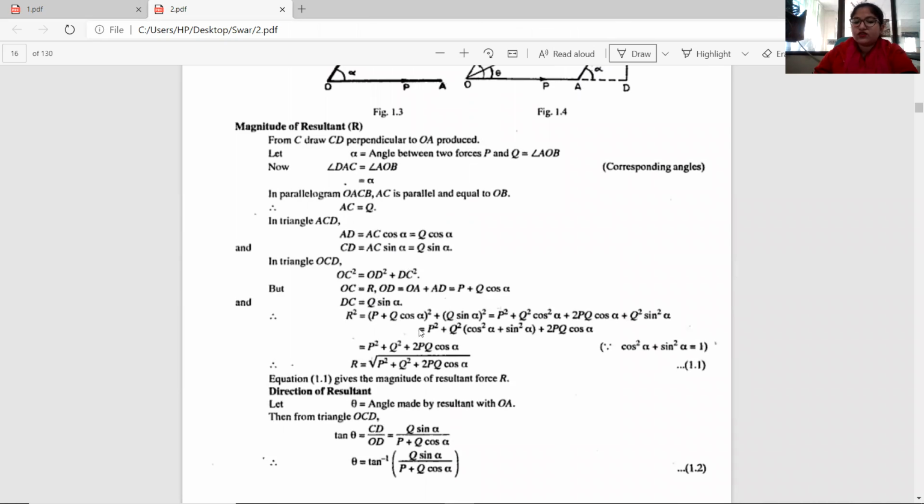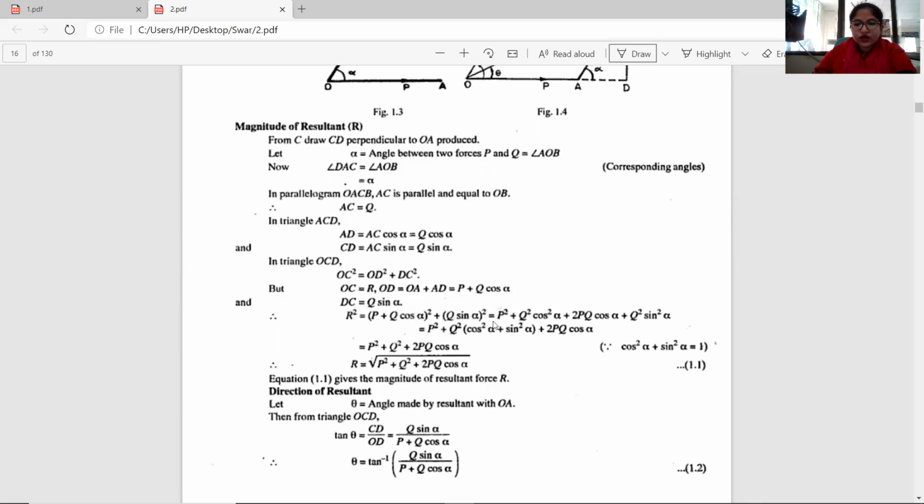Putting these values in the equation, R square equals (P plus Q cos alpha) square plus (Q sin alpha) square, that is, the square of the resultant force equals OD square plus DC square.